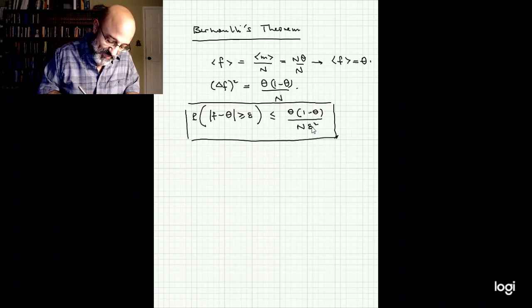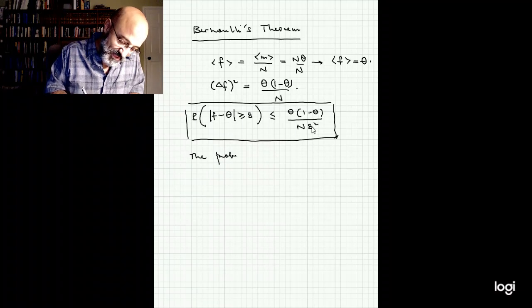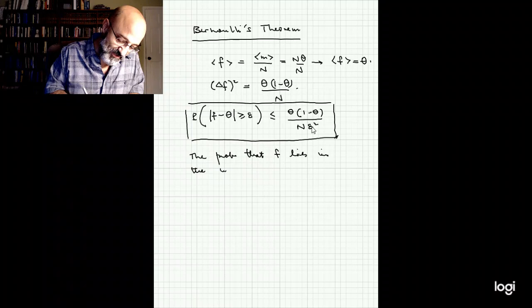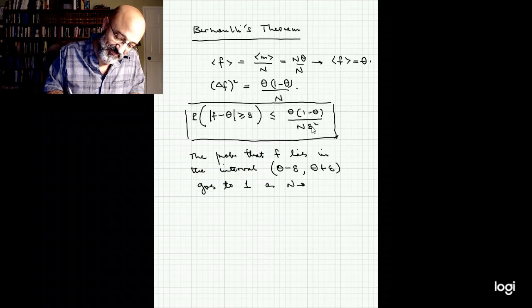So what this is saying is that the probability that f lies in the interval theta minus epsilon, theta plus epsilon goes to 1 as n goes to infinity.